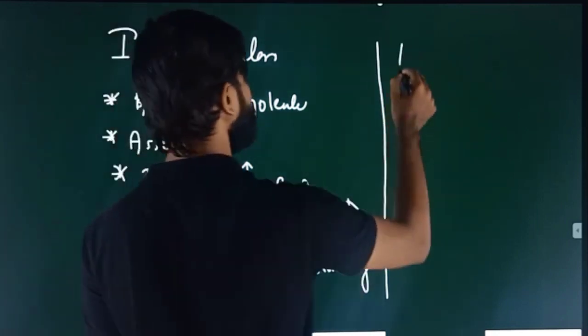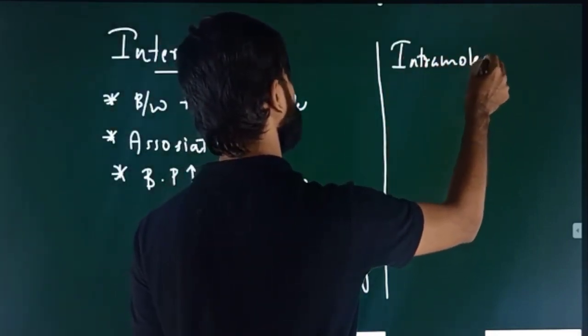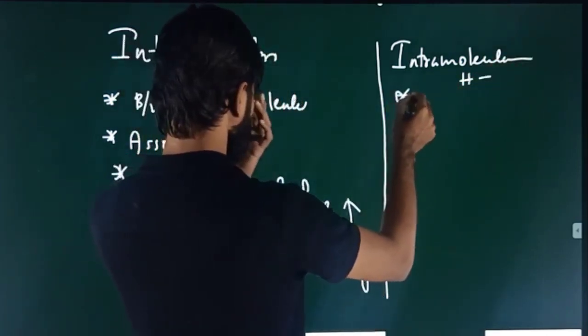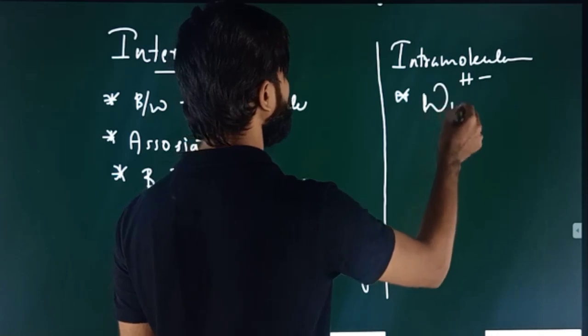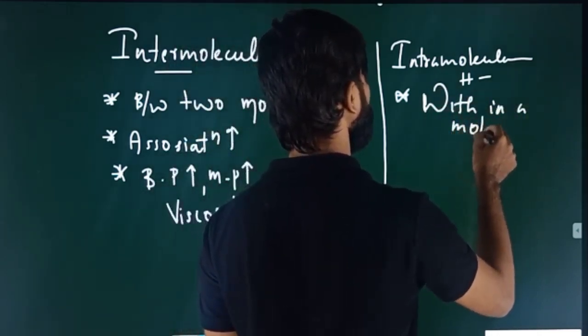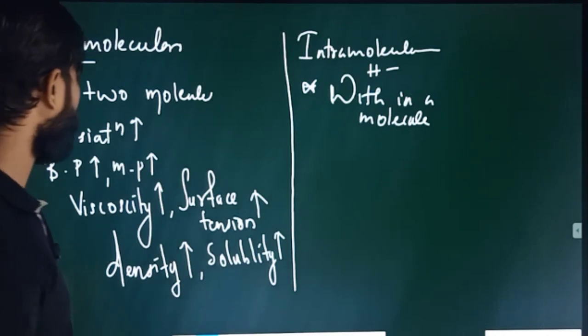Well, the next is intramolecular hydrogen bonding. Intramolecular hydrogen bonding means hydrogen bonding within a molecule. If the hydrogen bonding is present within a molecule, that is said to be intramolecular hydrogen bonding.